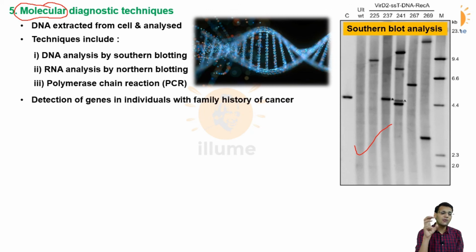Now the biggest advantage of using molecular diagnostic technique is that whenever an individual is giving a history of cancer in the family, then there are chances that this individual has got genetic susceptibility to that particular cancer. So we just extract the DNA from his cell and we look out for those genes that can play a role in the genetics of cancer.